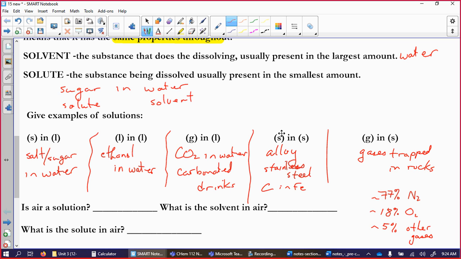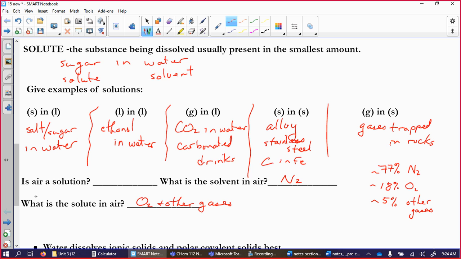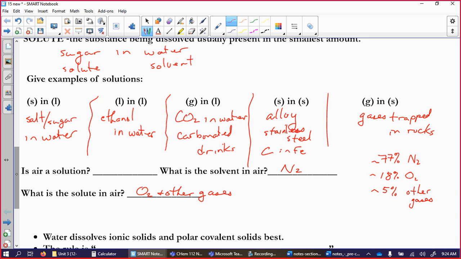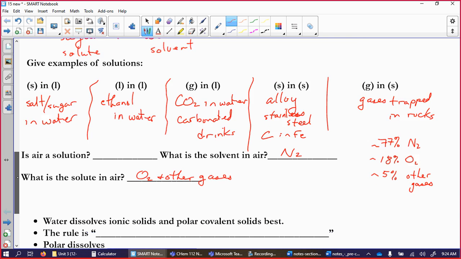What would be the solvent? If we consider it a solution, nitrogen would be the solvent because it's the most abundant. And then we dissolve oxygen and the other gases, which can be considered the solutes.